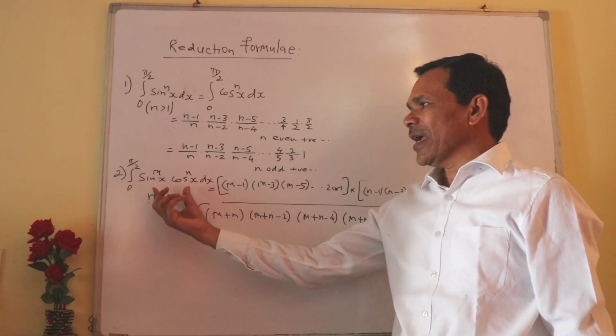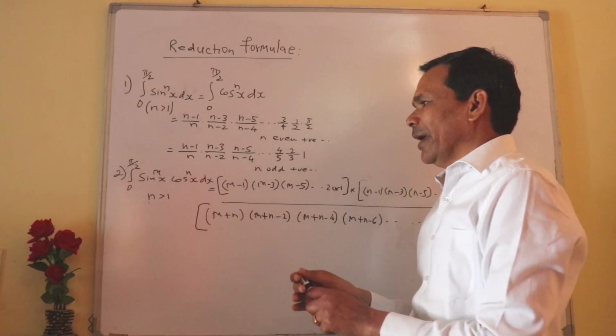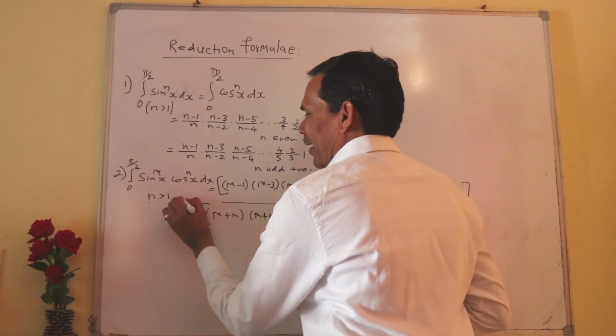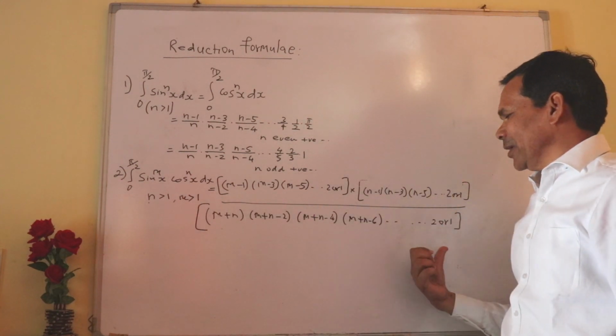If it is a product of sine and cosine, and you need to find the formula for m and n, m greater than 1, n greater than 1, the formula is something like this.